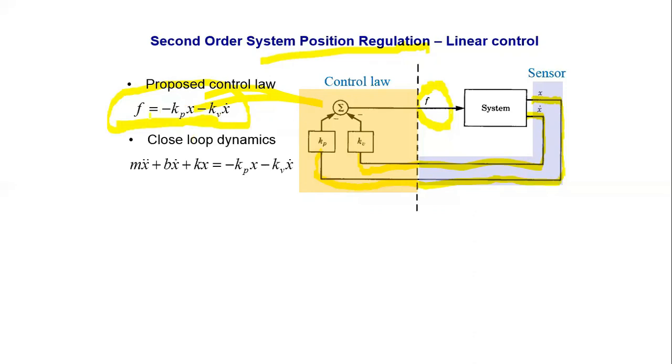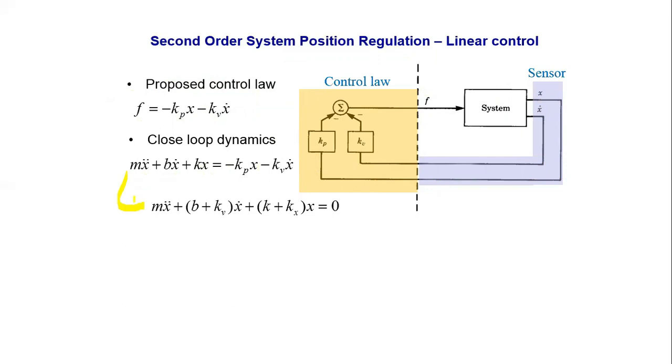So if you apply this external force on this system, suppose this system is a spring mass damper system, the equation of motion of the system will be m x double dot plus b x dot plus k x. And if you apply this external force on this system, then m x double dot plus b x dot plus k x will be equal to f, where f is equal to minus kp x minus kv x dot.